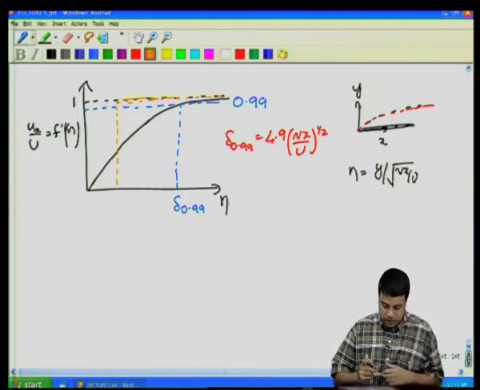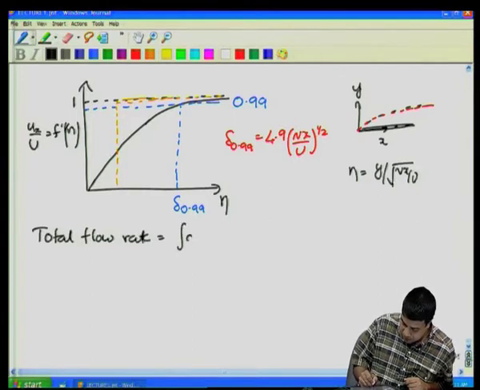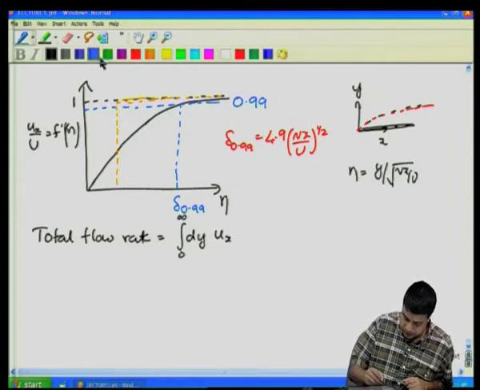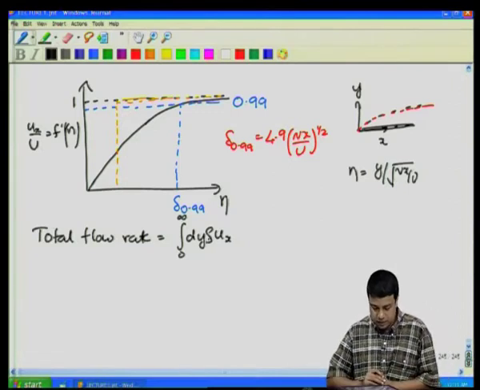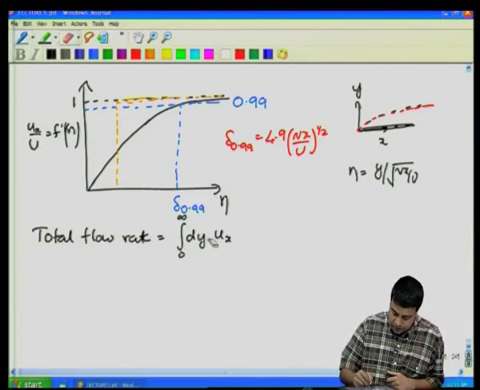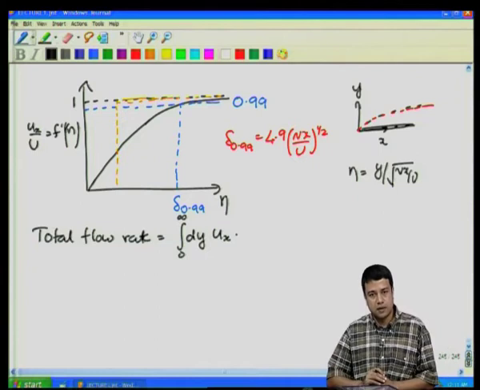So, the total flow rate is equal to integral dy from 0 to infinity times rho u x. Total flow rate, this is the total mass flow rate. We can work in terms of the total volumetric flow rate as well, because the density is a constant.